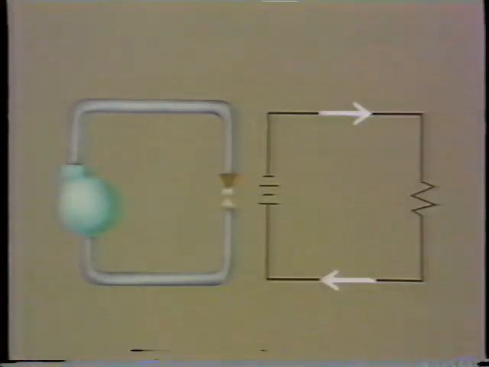The amount of current that flows through the electrical circuit is determined by the amount of voltage coming from the source. The amount of water that flows through the piping system is determined by the pressure coming from the pump. The amount of resistance in the circuit affects the current flow, much the same way that the throttle valve affects the flow of water in the piping system. It limits or controls it.